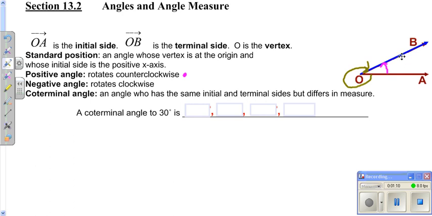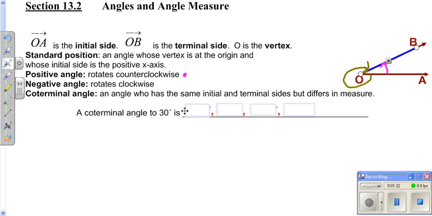And so if we take our initial side and rotate it up, we get a positive angle. However, if we take our initial side and rotate it backwards to here, we get a negative angle. So whether you rotate clockwise or counterclockwise makes a difference on whether it's a positive or a negative angle.